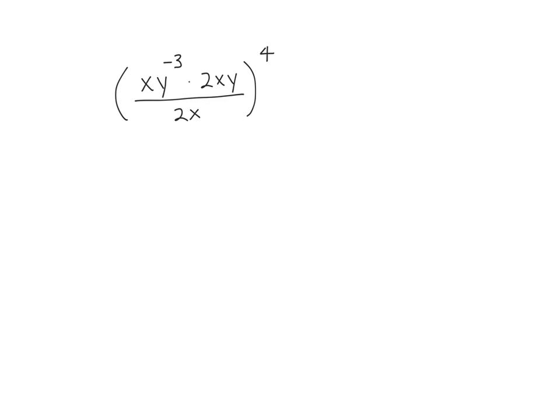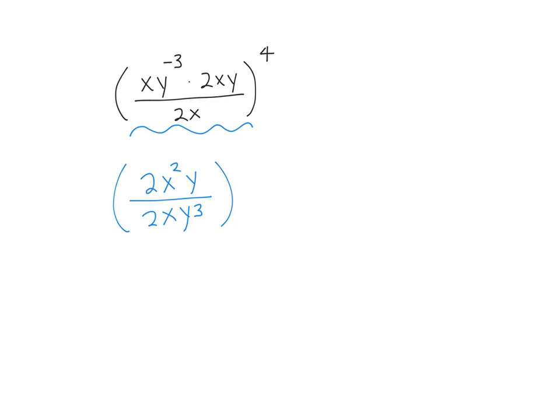This is one of the questions from the worksheet on your homework. You're given x y to the -3rd power times 2xy over 2x, raise the whole thing to the 4th power. First, let's simplify what we have inside the parentheses. We have 2 x's, so 2x squared y over 2x y to the cube.